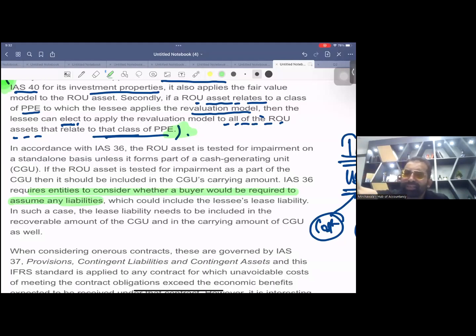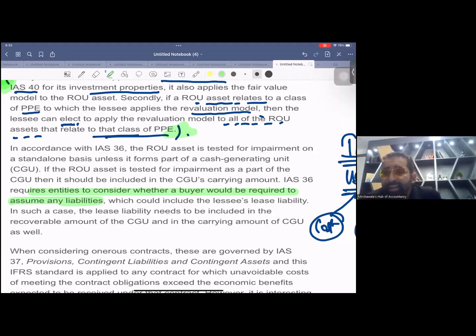Fair value means you will search for a buyer, how much amount the buyer is going to pay you for the running business. Okay, look at here. IAS 36 says, is the buyer going to buy your business with liabilities as well?